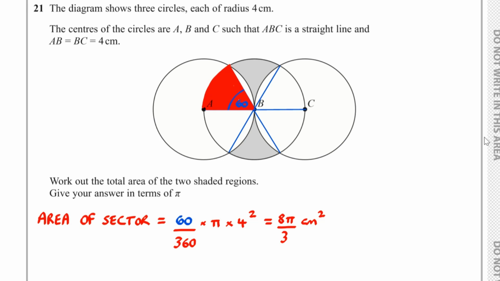And then what we can do is find out the area of one of these triangles. And if we find out the area of one of those triangles, we can then find out this tiny bit over here.